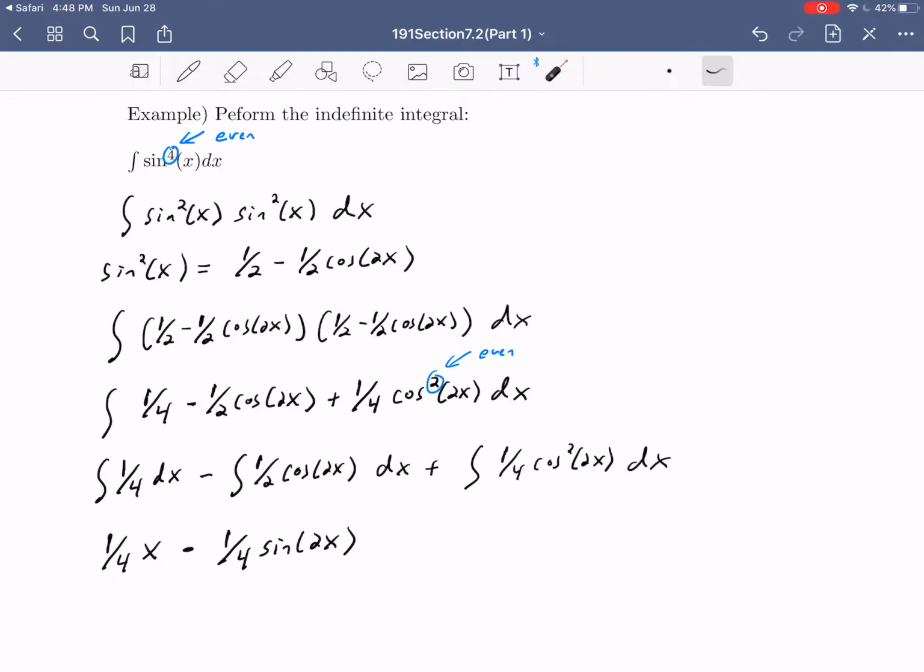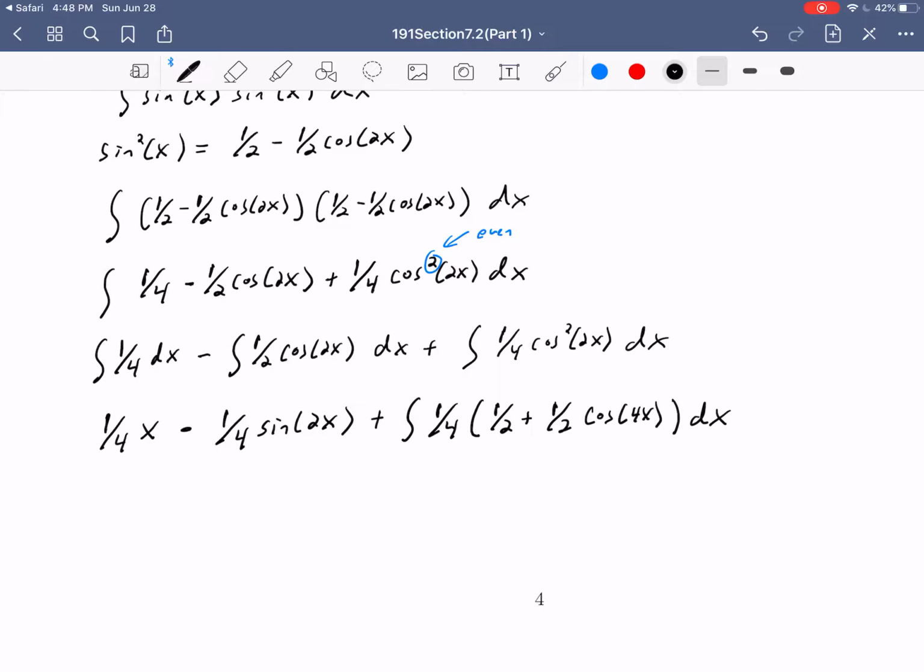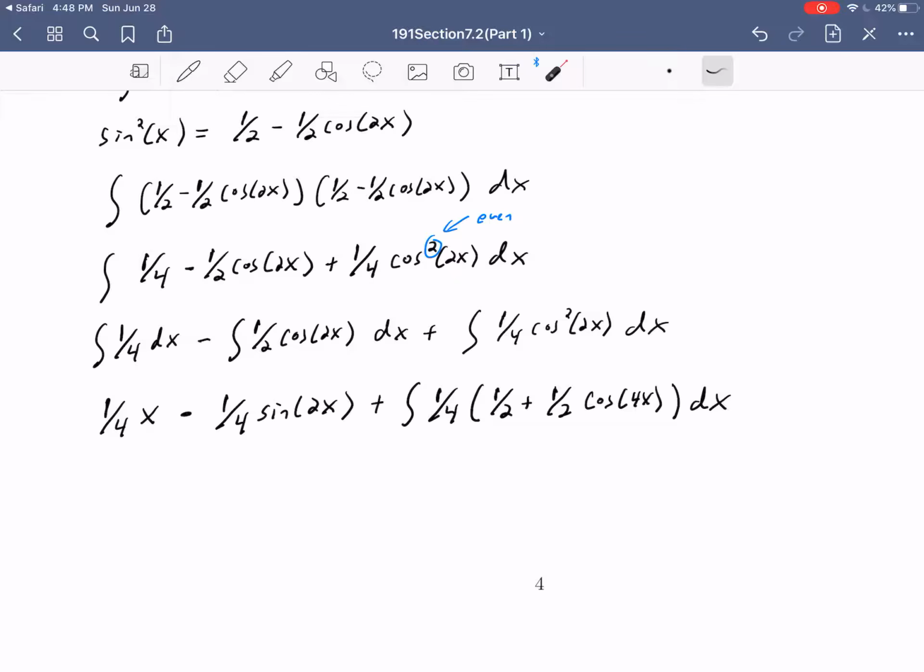So this should convert to plus the integral of 1/4, parentheses, 1/2 plus 1/2 cosine 4x dx. Okay, so we're saying that this cosine squared is replaced with 1/2 plus 1/2 cosine of the double angle. Since we had 2x as the argument, now we have 4x.